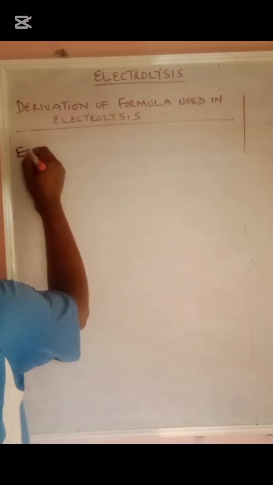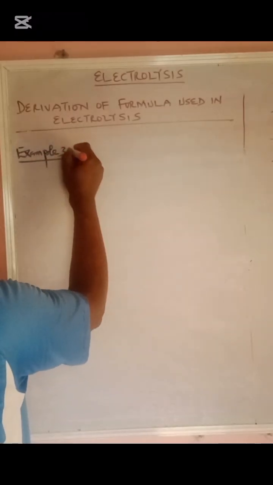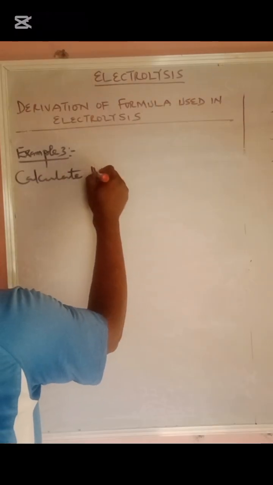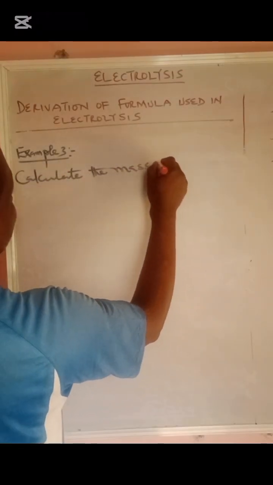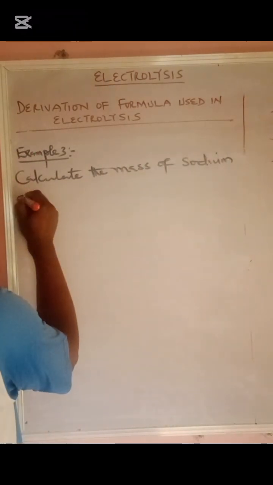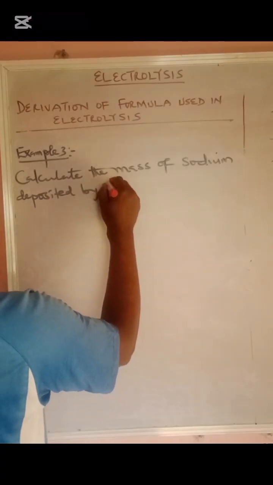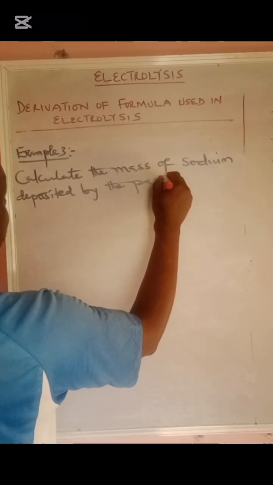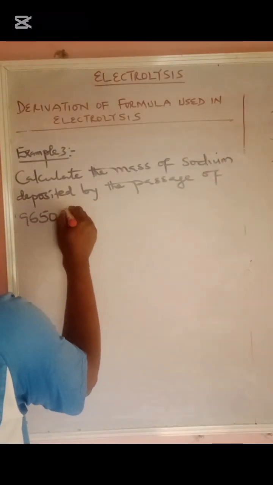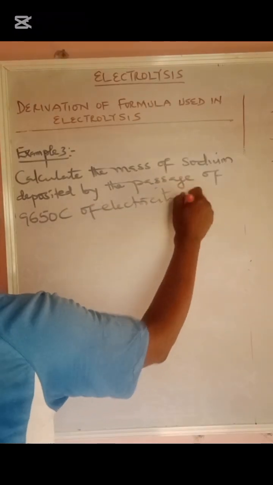Example 3. Calculate the mass of sodium deposited by the passage of 9650 Coulomb of electricity.